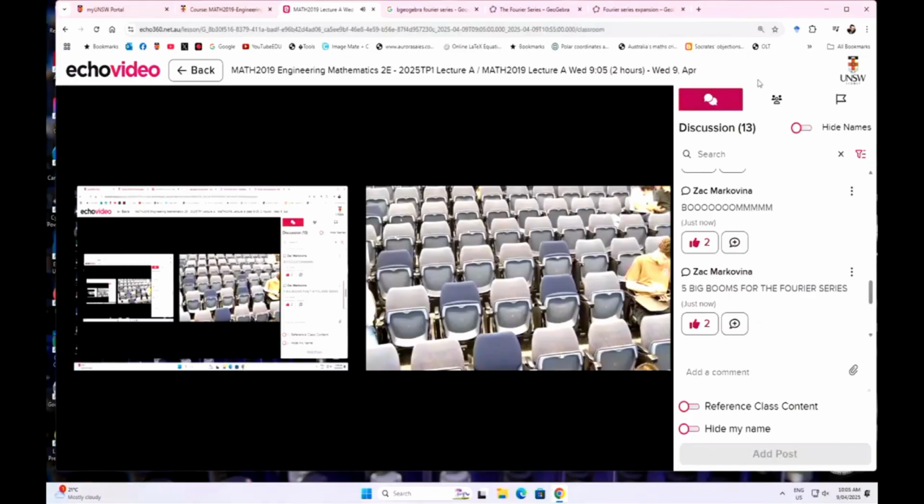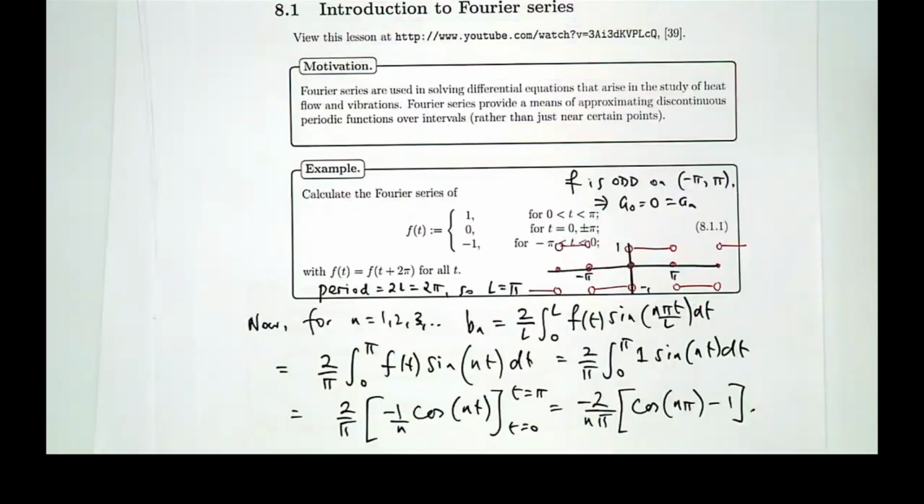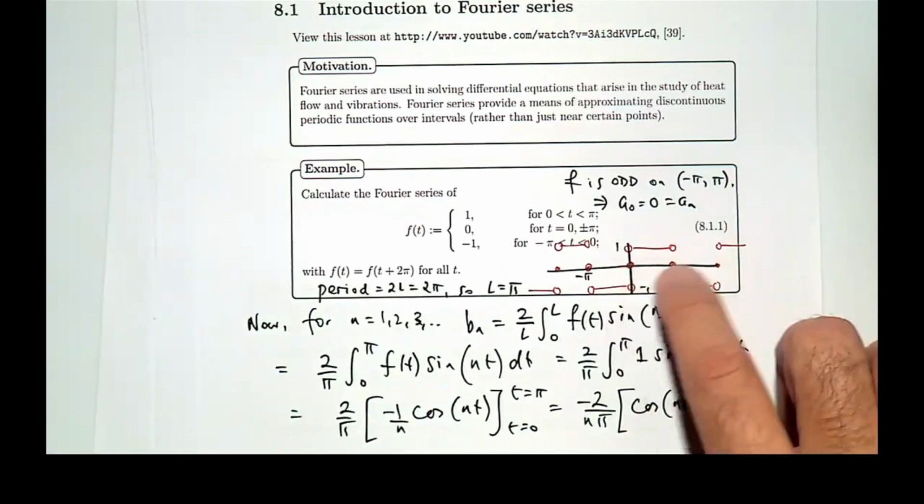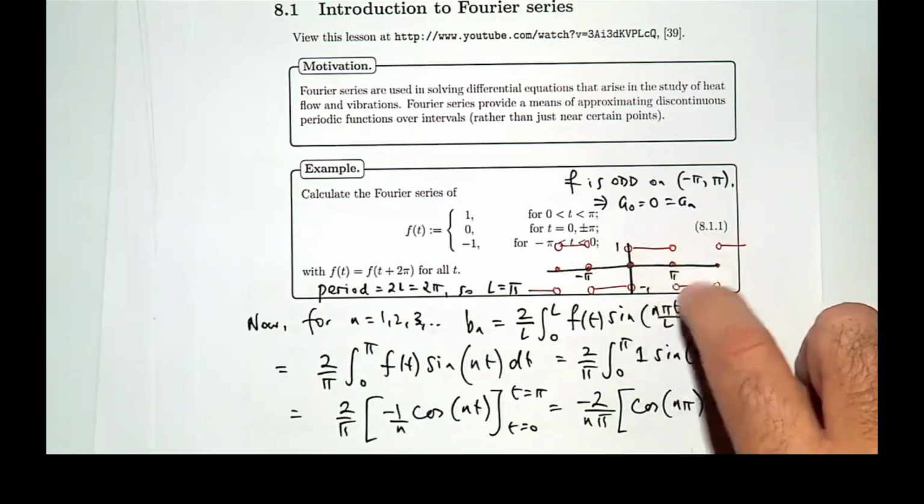Let's get back to our Fourier series. Now, let's just remember where we are. Fourier series are used to approximate these discontinuous periodic functions. Here is an example, a super simple example of a periodic function that has a few jumps.